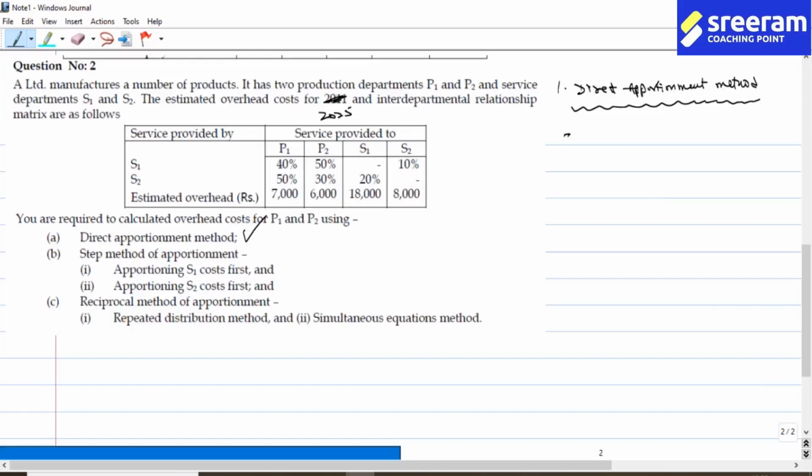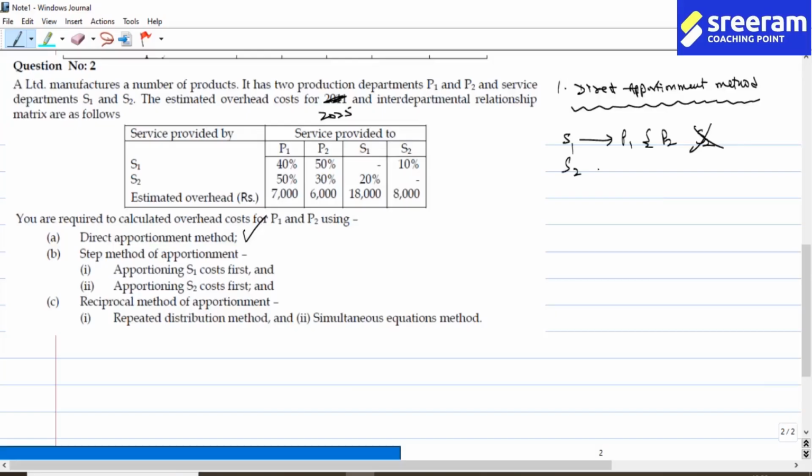S1 will serve only P1 and P2, and it will not serve S2. One service department will not serve another service department. This is the assumption that we make.